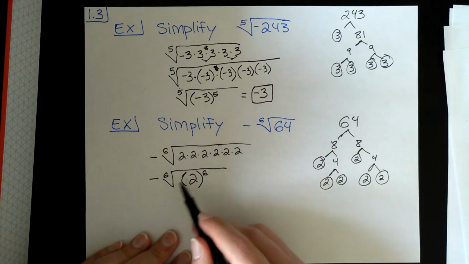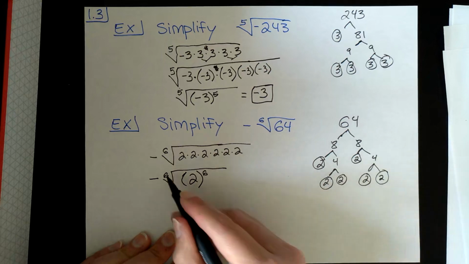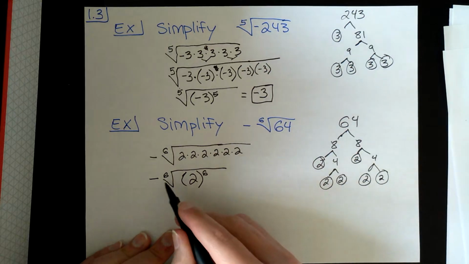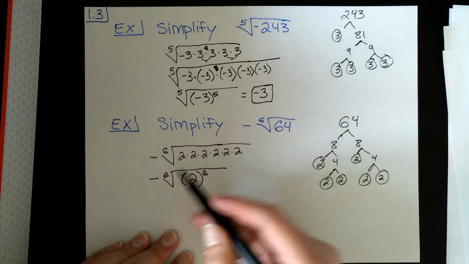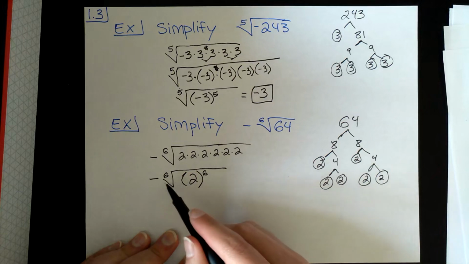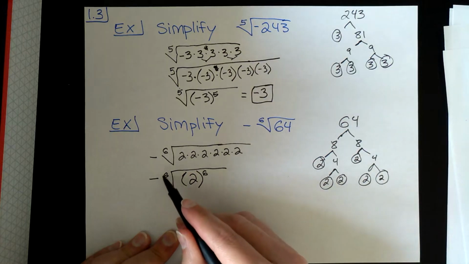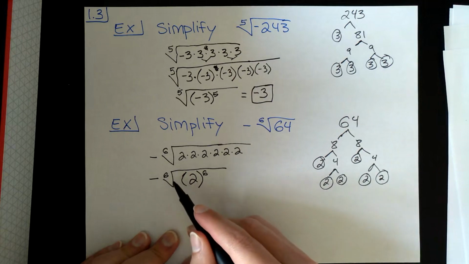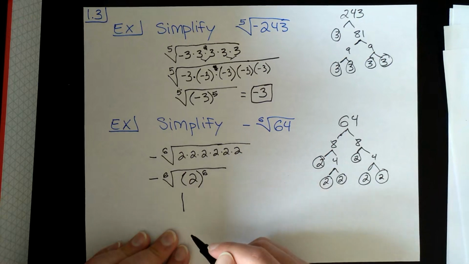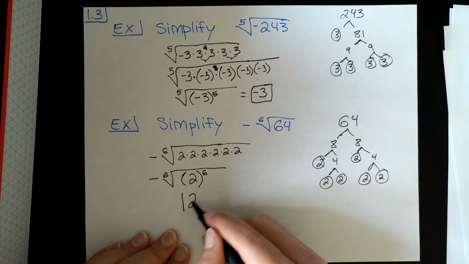And now our rule before this said the 6th root of 2 to the 6th, because this is an even exponent, even radical index, it can technically be changed to an exponent, which we'll talk about in the second video of this section. But again, this 6 radical index tells us that we are going to change this to the absolute value of what's inside this 6th power, which is 2.